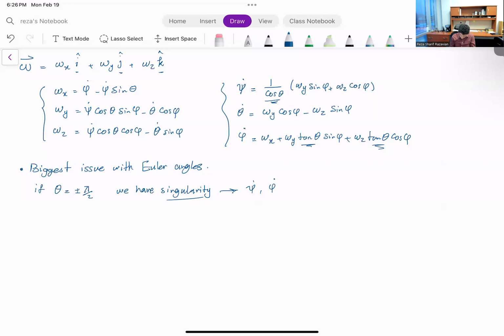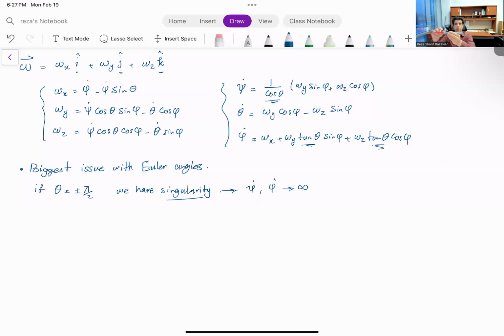Psi dot and phi dot go to infinity. So that is the issue. And now I've forgotten what I wanted to say. Oh, okay. Maybe it is easier if I demonstrate this.